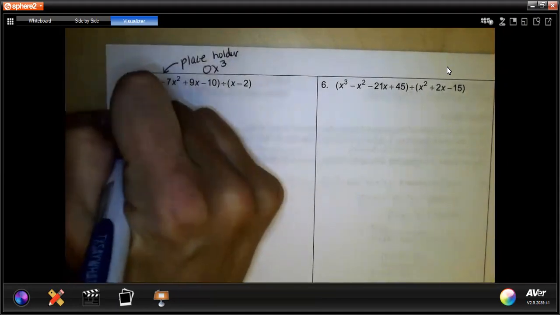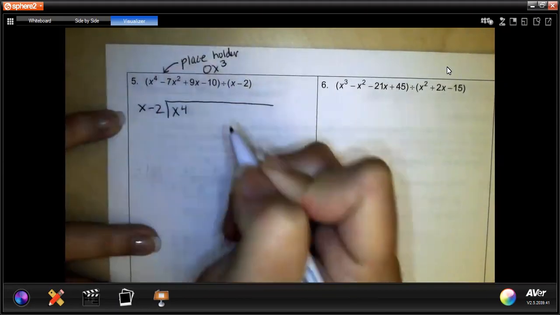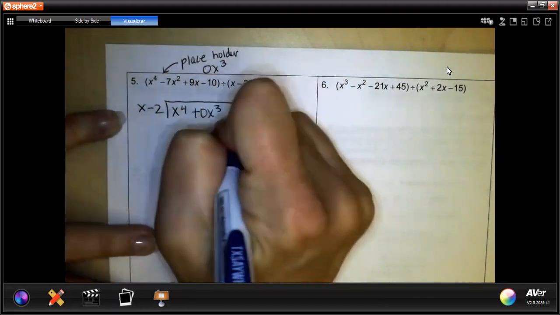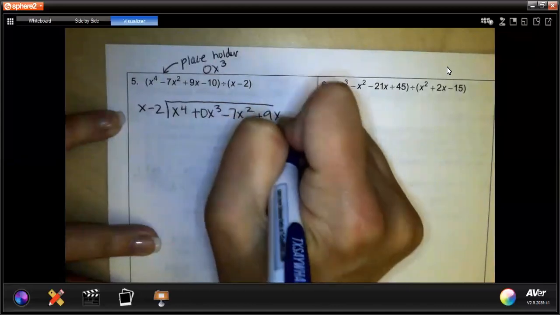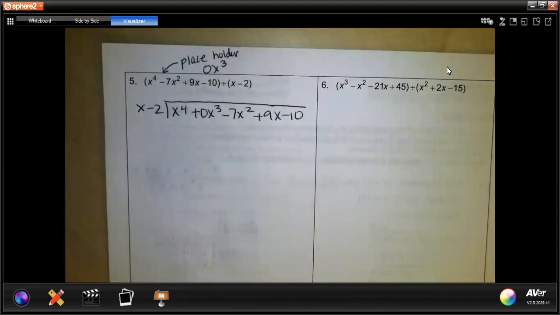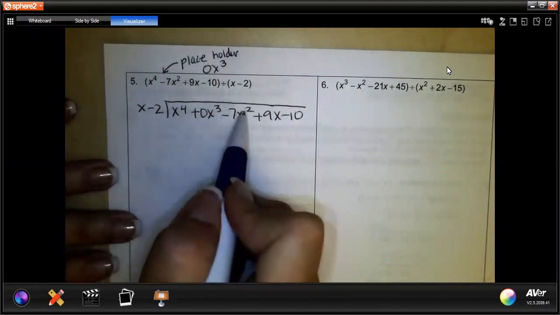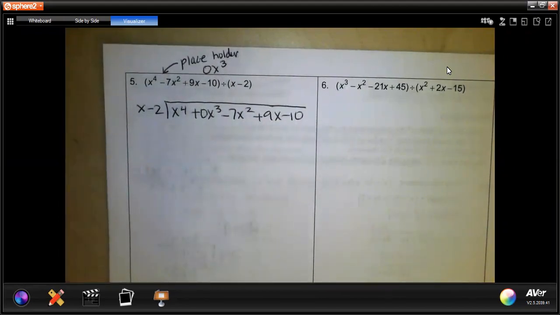So I'm going to set up my x minus 2 on the outside, and then on the inside we do x to the 4th plus 0x cubed minus 7x squared plus 9x minus 10. So we have placed a 0x cubed right here as a placeholder so that the exponents are all in order. That keeps things really organized and keeps you from making silly mistakes.